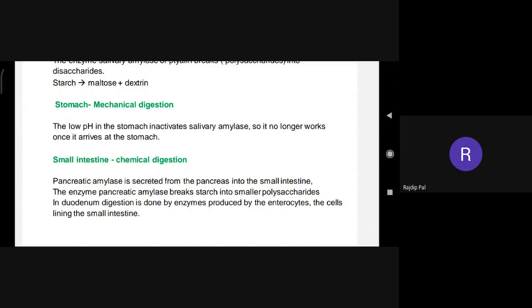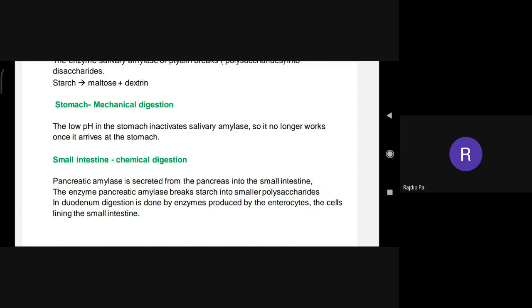And then in the small intestine, chemical digestion takes place. Pancreatic amylase is secreted from the pancreas into the small intestine. The enzyme pancreatic amylase breaks starch into smaller polysaccharides in the duodenum. Digestion is done by enzymes produced by enterocytes, the cells lining the small intestine.